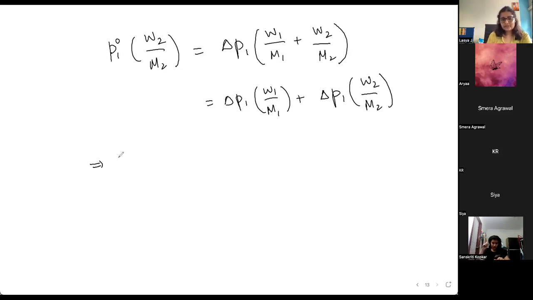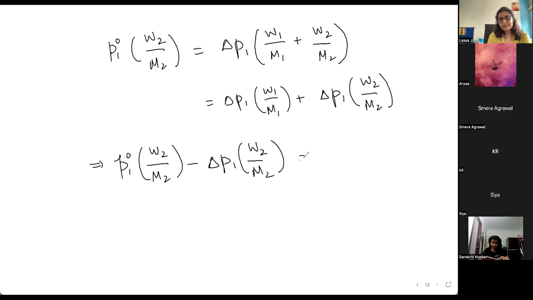So take this on this side. So you have P1 naught into W2 by M2 minus delta P1 times W2 by M2 is equal to delta P1 into W1 by M1.